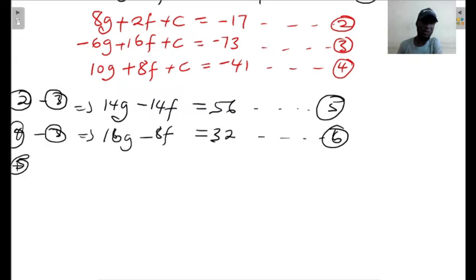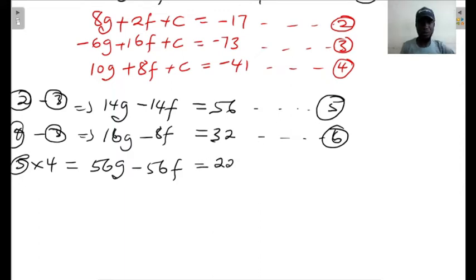So equation 5 times 4 will give me 56G minus 56F equals 224, and this becomes equation 7.